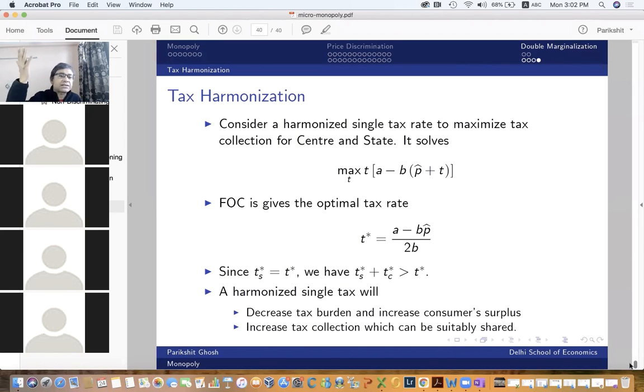Likewise, when the state government's tax rates are raised, it has a similar negative externality on the central government. And when they're separate entities, they are not counting these negative externalities they're imposing on each other. And that's why they have their tax rates too high from a more national, holistic point of view. And if they come together into a single GST-like council, this negative externality will now be counted and corrected for. And that'll bring down the tax rates, and that'll be better for everyone. So that's one of the reasons for the argument for tax harmonization.